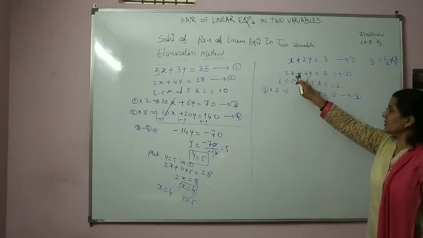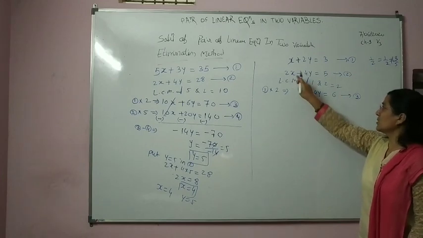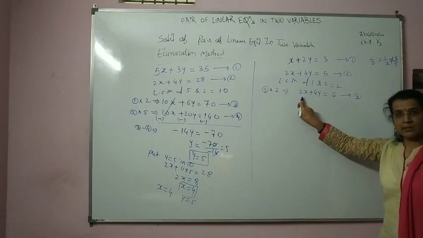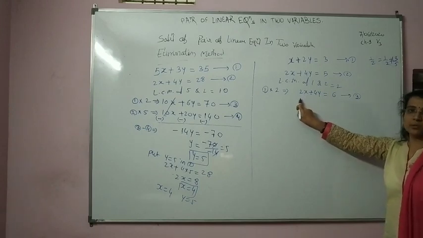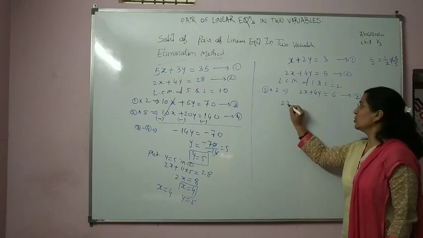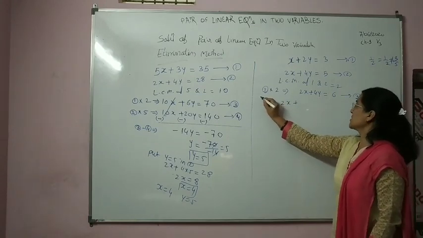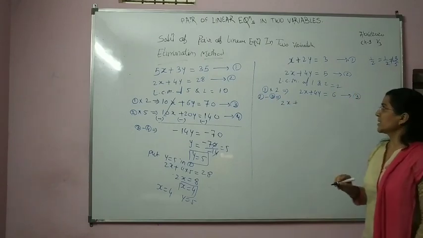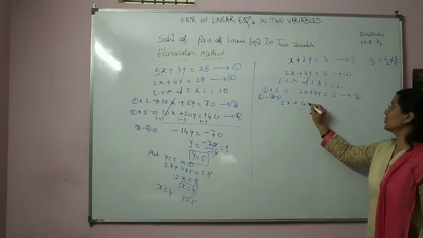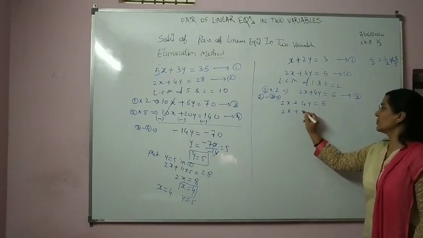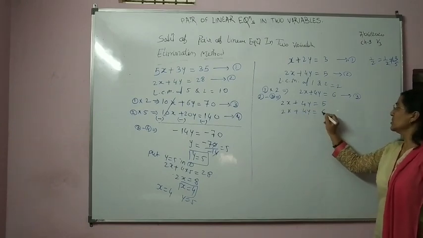Now see, observe the coefficient of x in the second equation and the third equation. See their sign. Same sign, we do the subtraction process, and opposite sign, we do the addition process. Here 2x, then third equation, second equation minus third equation implies: our second equation is 2x plus 4y equals 5, and the third equation is 2x plus 4y equals 6.